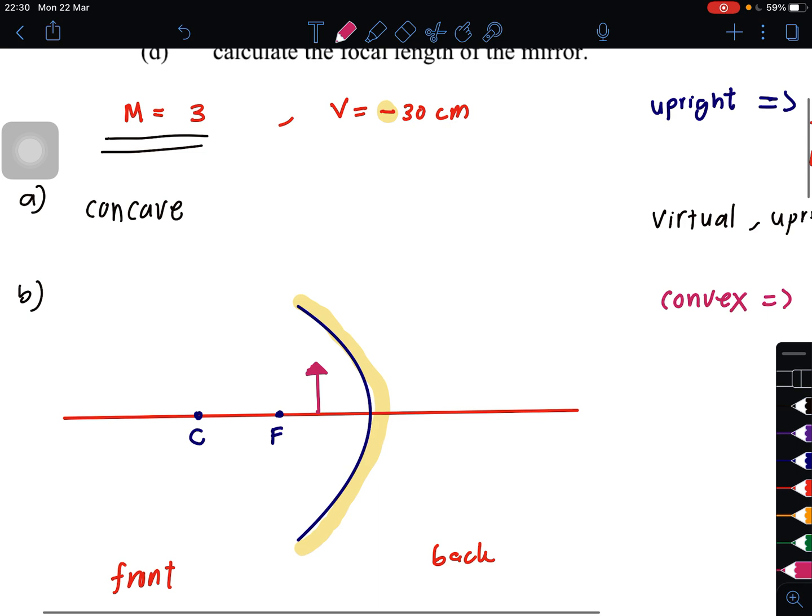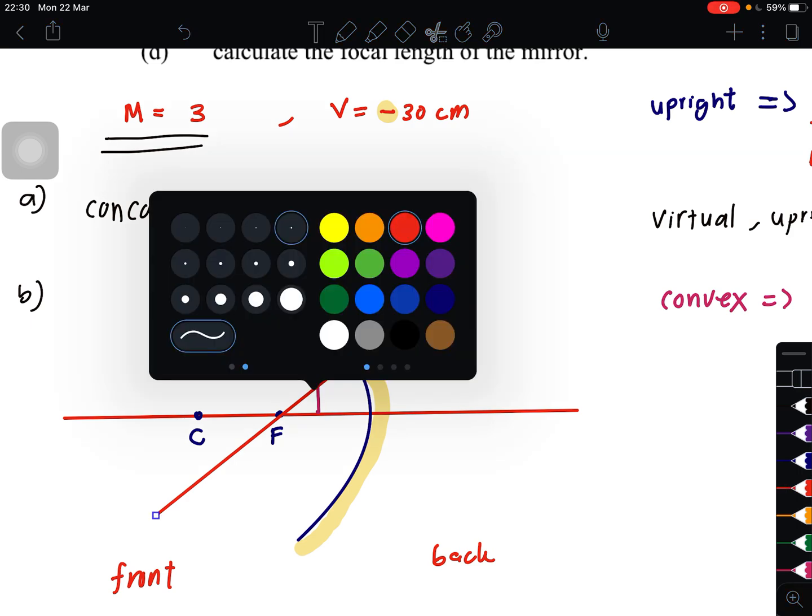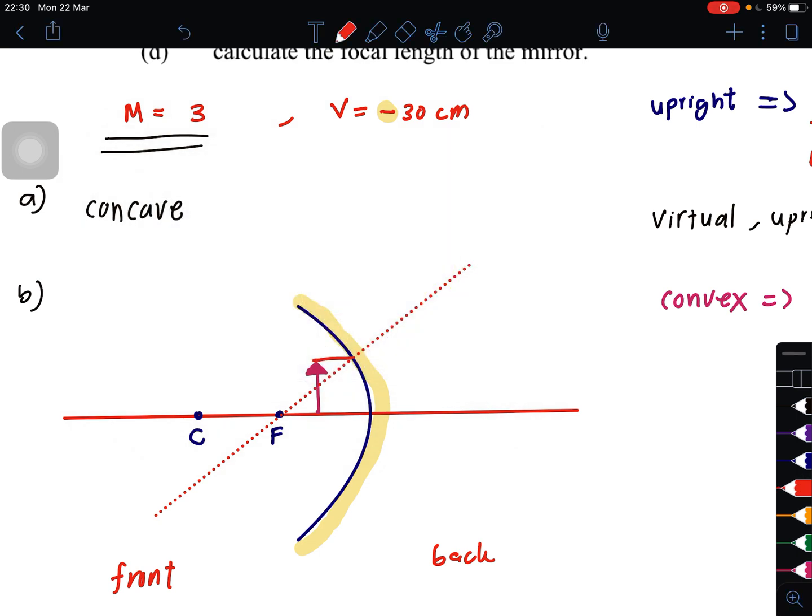And then bila kita mau lukis dia punya line, so remember the first thing we need to do adalah draw straight line, and then dia akan reflect balik, passes through the F. So kita buat satu garis straight line which is passes through the F. So kalau dekat belakang dia akan jadi dotted line, kat depan dia akan jadi one full line. Okay, so that's the first one. And then second one, start dekat point yang sama, dia must pass through the center of curvature.